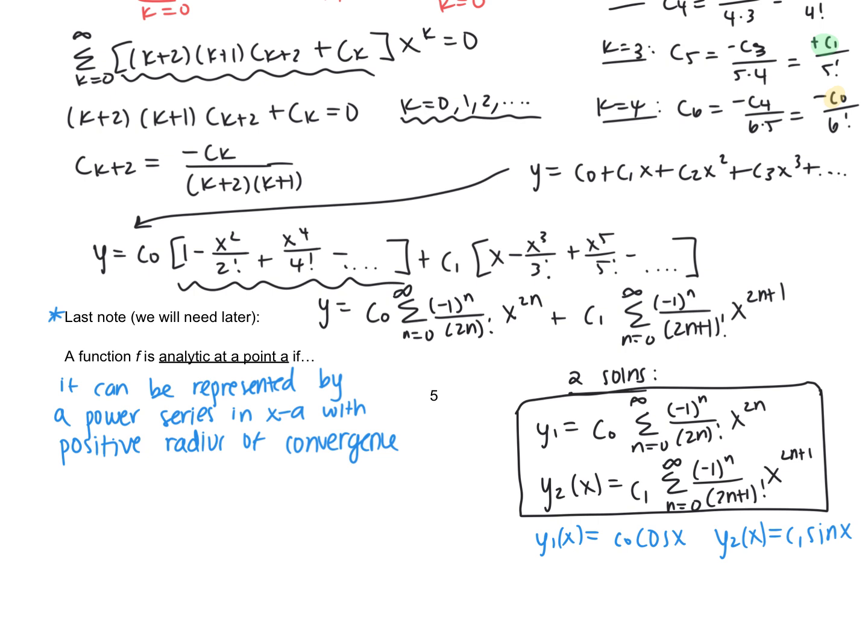Okay, so what that means is next section we're still going to be doing power series. So we're going to have a very similar idea or process in the next section.